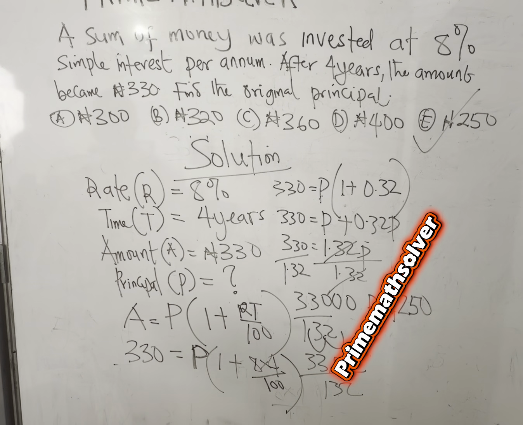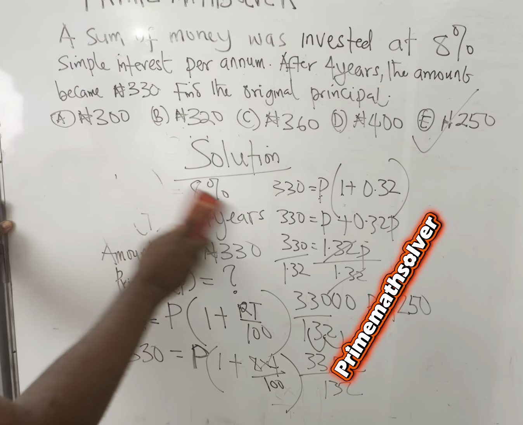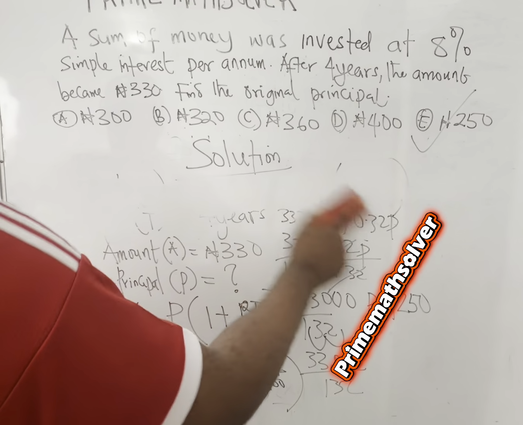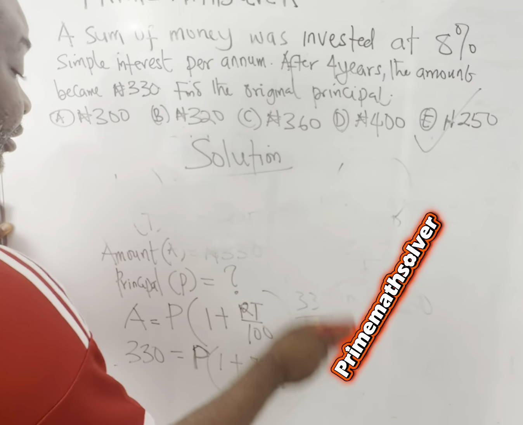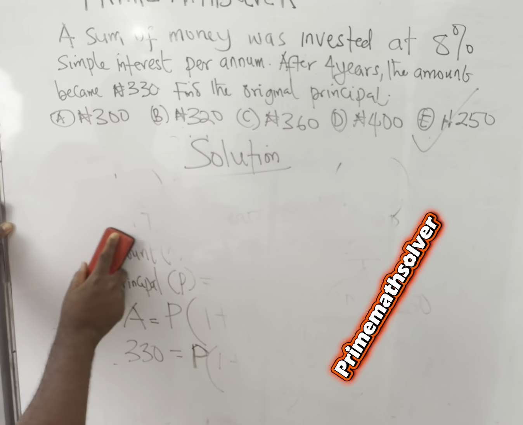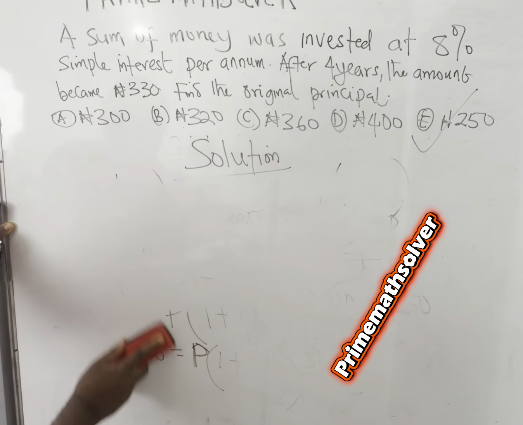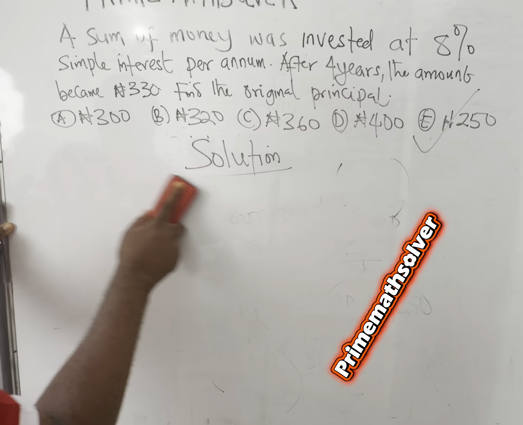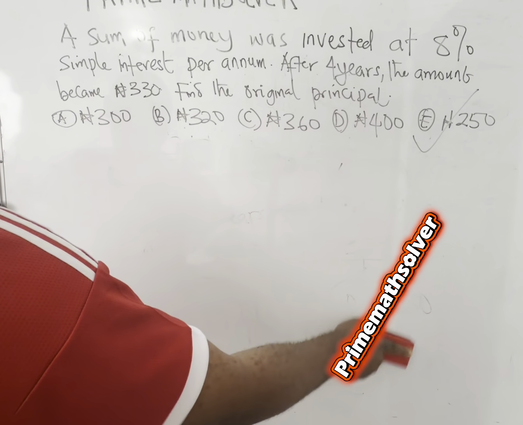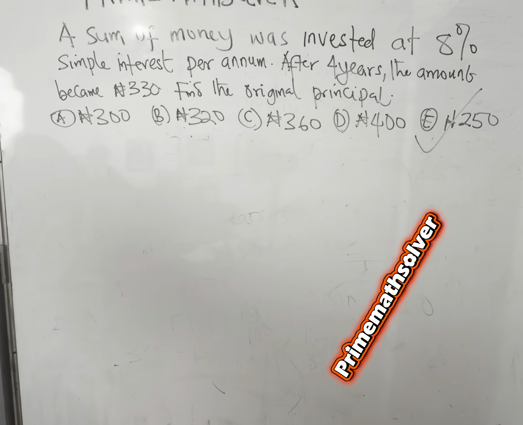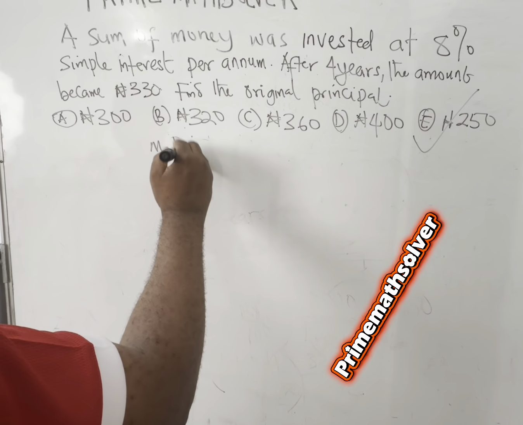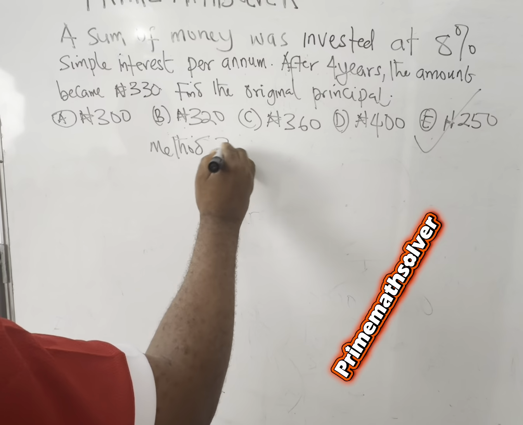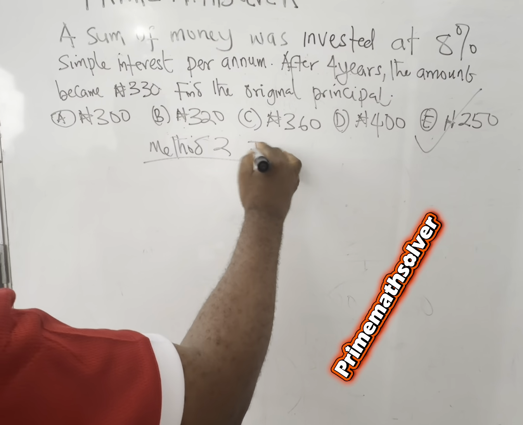This is what I will apply for a typical JAMB question. Solution. This is method 2, the fast method.